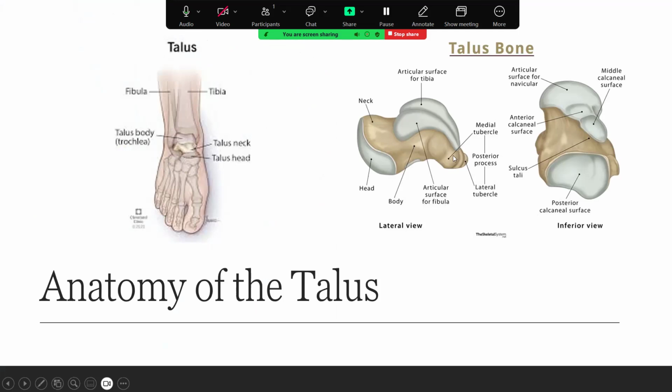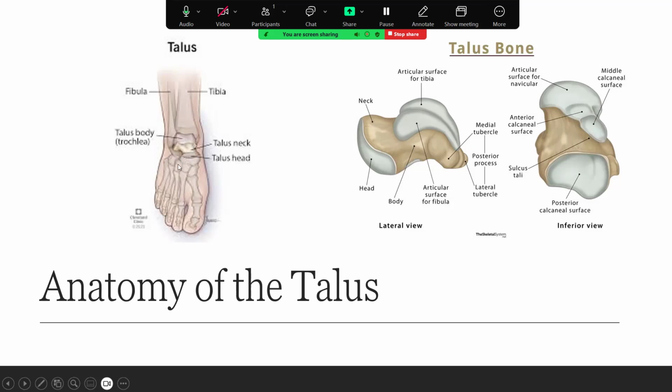Now, the talus is basically a connector between the major bones of the ankle, such as the calcaneus, cuboidal, navicular, cuneiforms, and the tibia and the fibula. It provides that bridge between these two. So it's actually quite well protected. And generally, injuries would involve the tibia and the fibula, or it will involve one of the metatarsals over here.